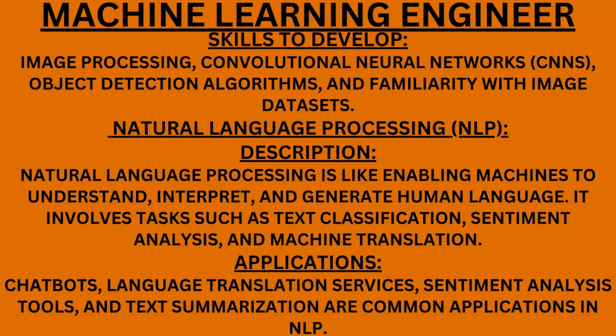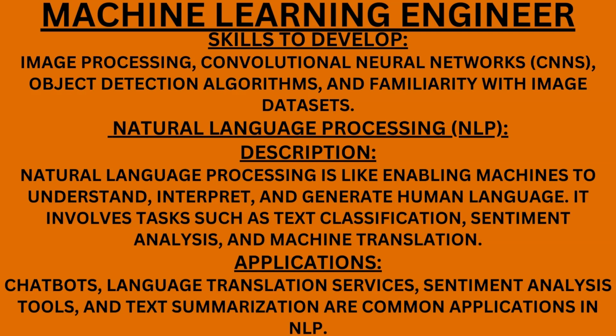Natural language processing, NLP. Description. Natural language processing is like enabling machines to understand, interpret, and generate human language. It involves tasks such as text classification, sentiment analysis, and machine translation. Applications.